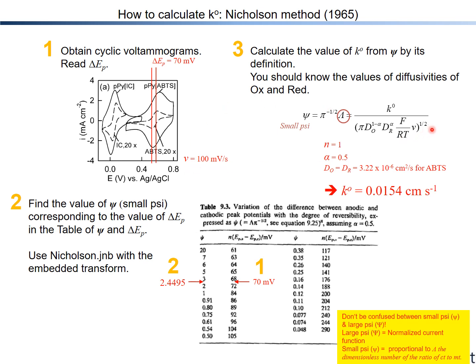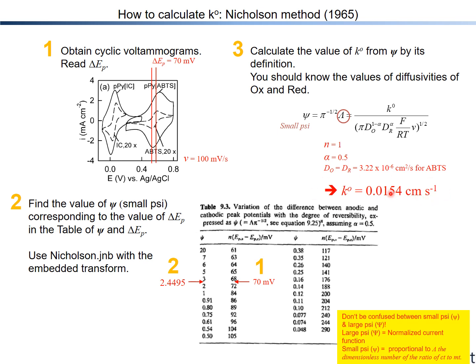Right now we have filled out every parameter with some values except K0. Because we know the value of small psi, which is 2.45, you could calculate the value of the standard rate constant. K0 is equal to 0.0154 centimeters per second.